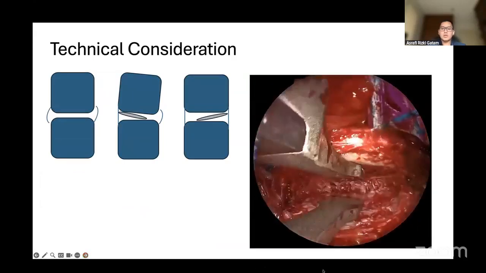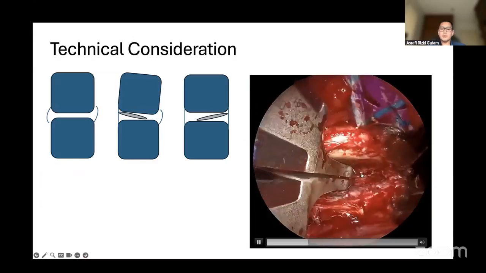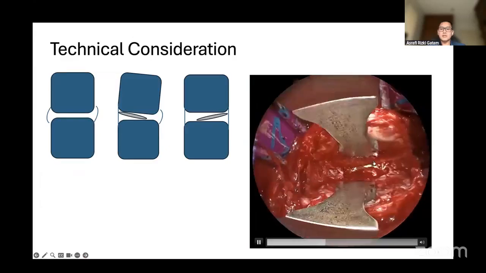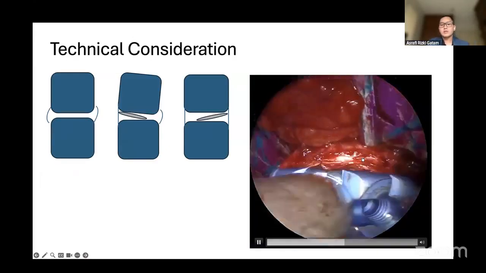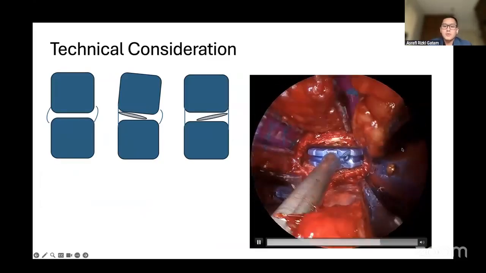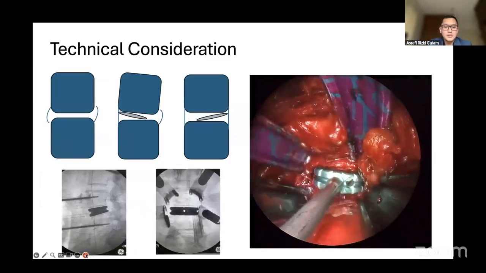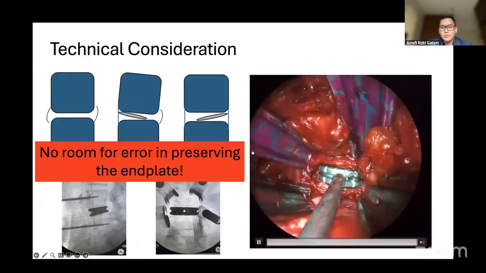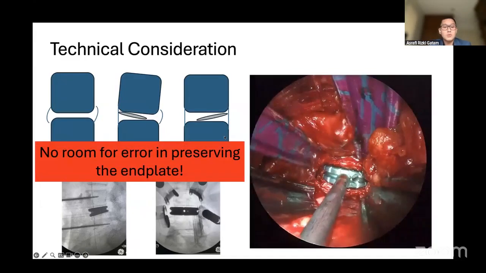We need to make sure that we open up this space using this distractor, and that the segment is mobile before we implant. While mobilizing the segments, we need to make sure that there are no end-plate injuries during the procedure, because once there is an end-plate injury, probably we cannot put a disc replacement in.